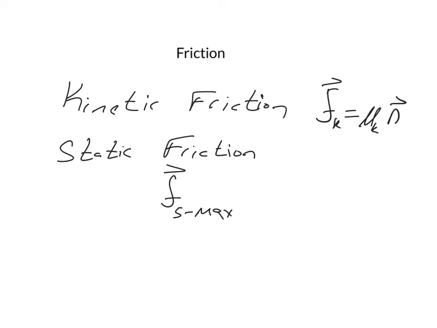So the maximum static friction is going to be greater than or equal to whatever our actual static friction is at that time. And if I increase the force that I apply, I am increasing the static friction until the object starts moving and I break static friction. And that formula for the maximum static friction is the coefficient of static friction times the normal force. So that gets a little weird, but we're all right.